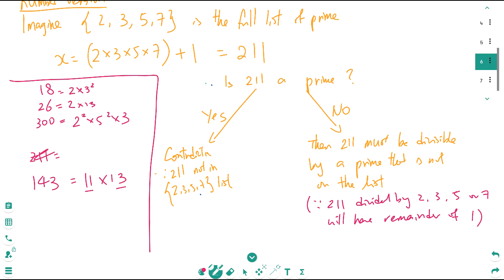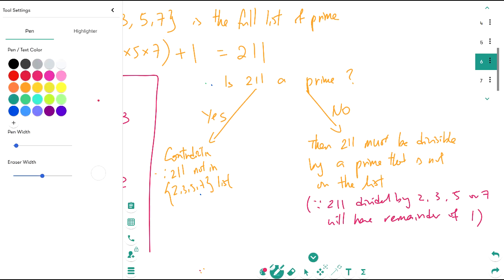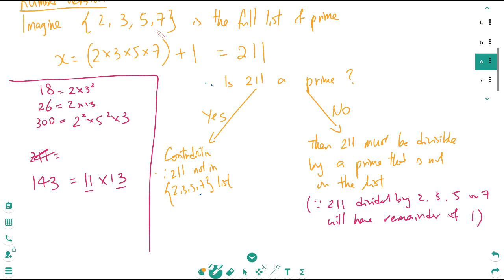So, therefore, let's go back to the number version or dummy version. Then 211 must be divisible by a prime that is not on the list. Again, contradiction. Okay, so that is the whole understanding of it. So either way, whether 211 is prime or not prime, they will both lead to a contradiction for different reasons.